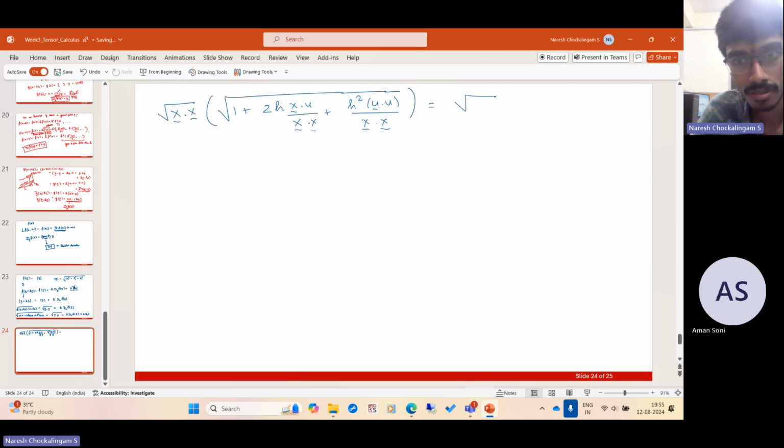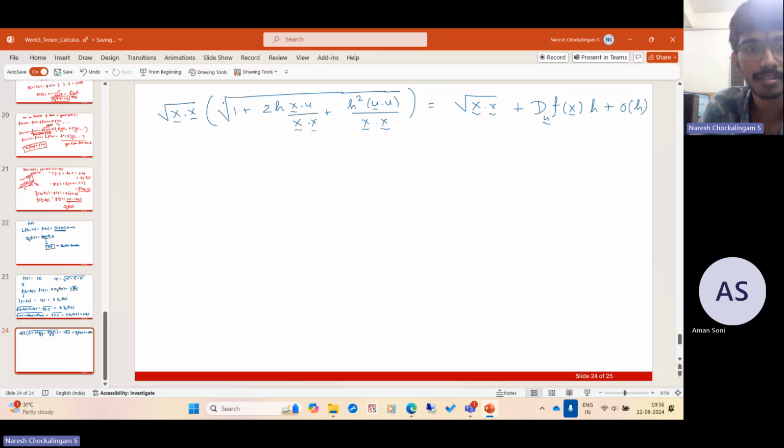This is equal to square root of x dot x plus the directional derivative of f of x in the direction u multiplied by h plus terms of higher order.